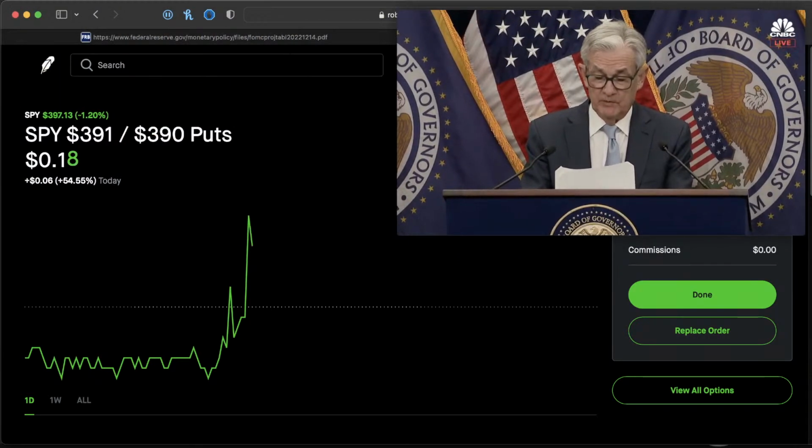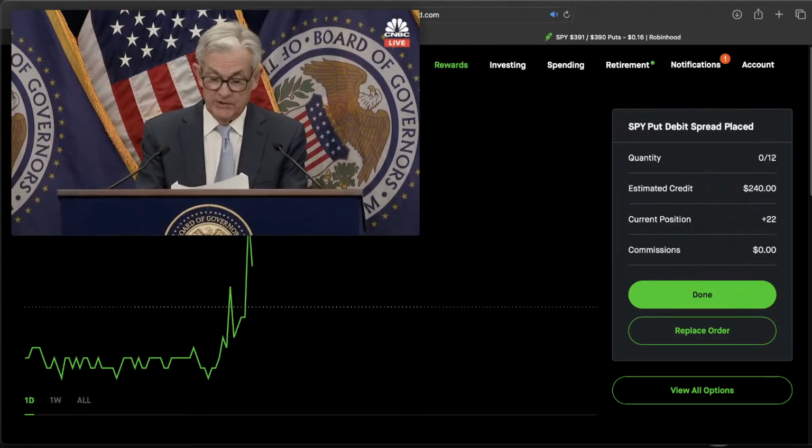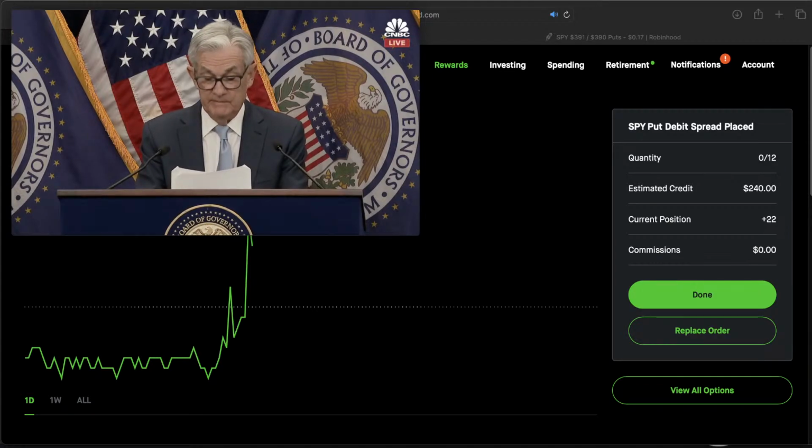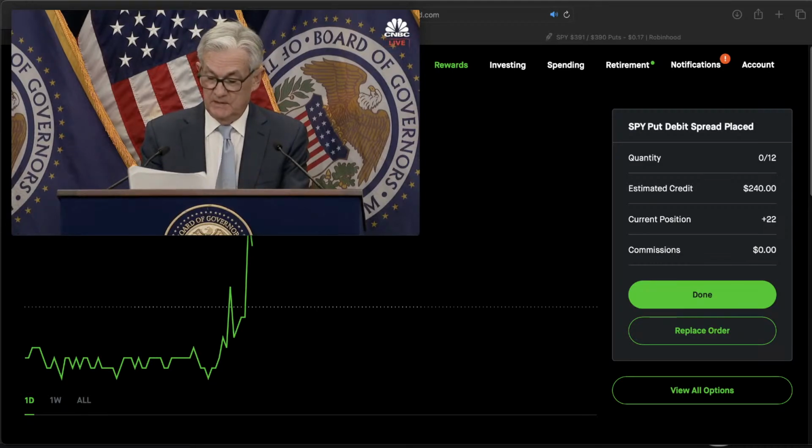Inflation remains well above our longer-run goal of 2%. Over the 12 months ending in October, total PCE prices rose 6%. Excluding the volatile food and energy categories, core PCE prices rose 5%. In November, the 12-month change in the CPI was 7.1%, and the change in the core CPI was 6%.